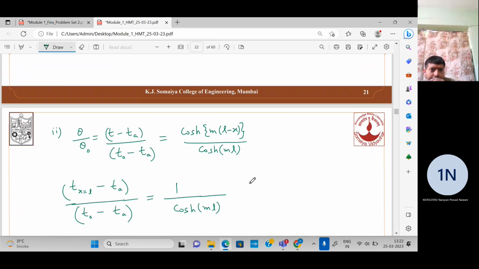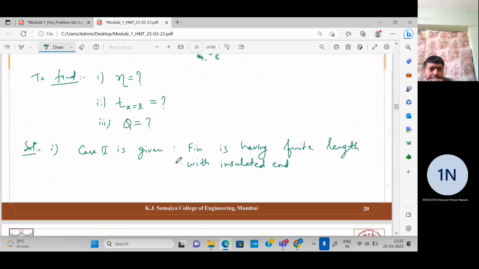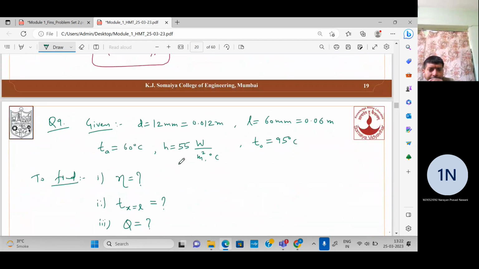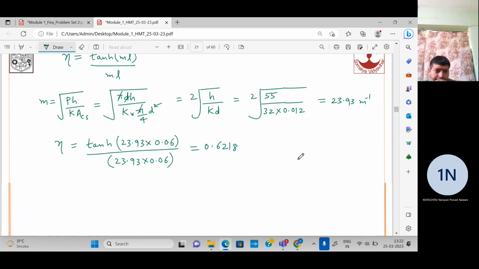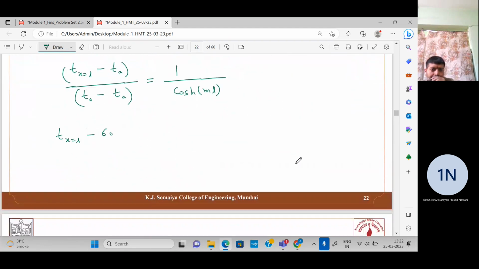We have written this. TA is 60. T naught is 95 degrees Celsius. So T naught 95 minus TA 60 is equal to 1 upon cosh(mL).